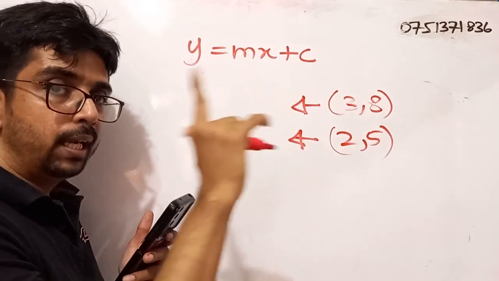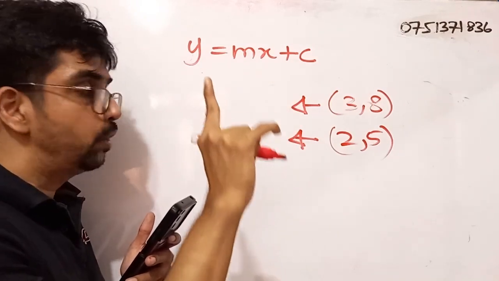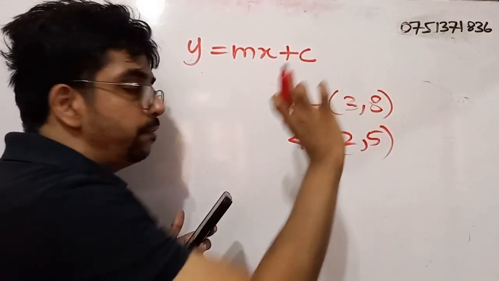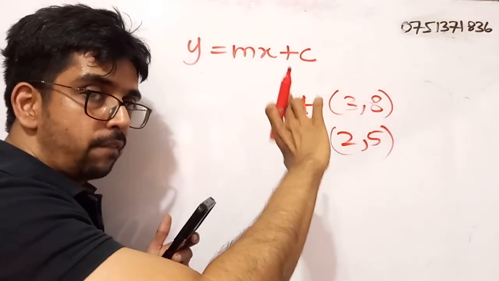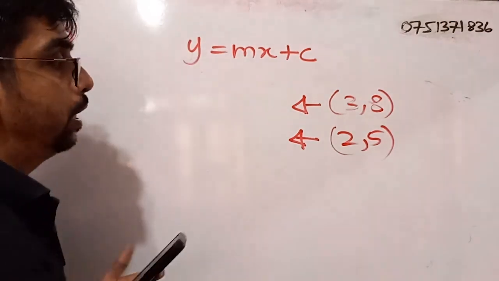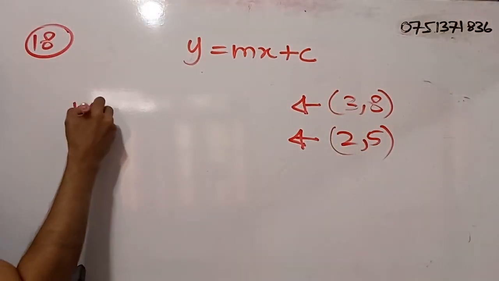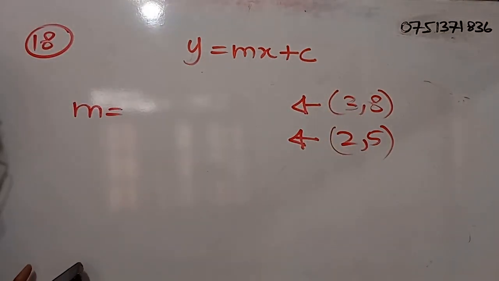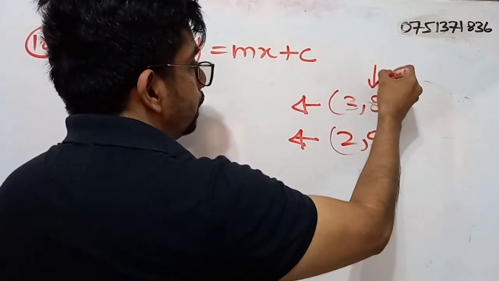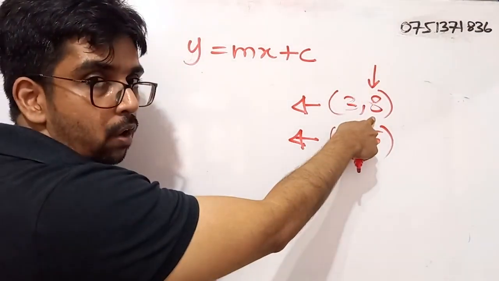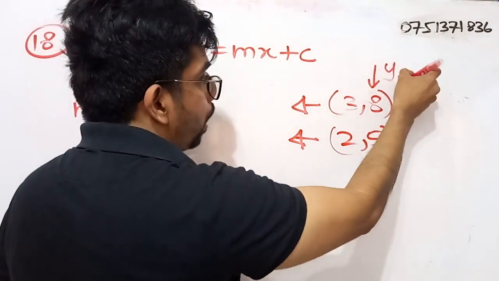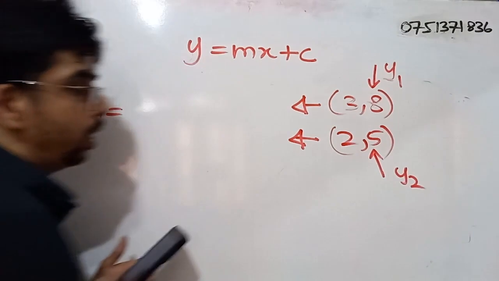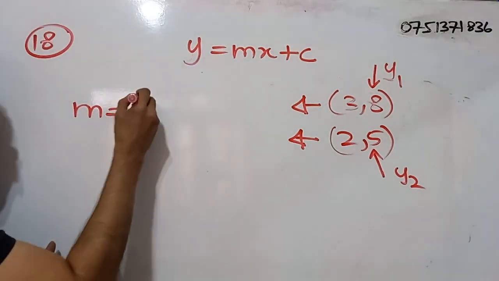When we calculate the gradient, first of all we need to take the difference of the y coordinates, right? So that means what? M, which is gradient, if this is y1 and the other one is y2, how do we calculate the difference?